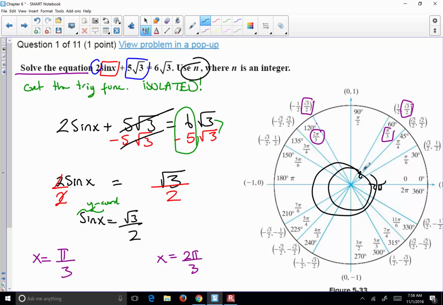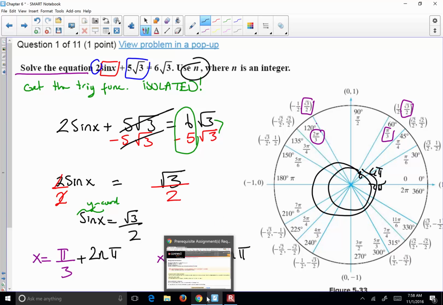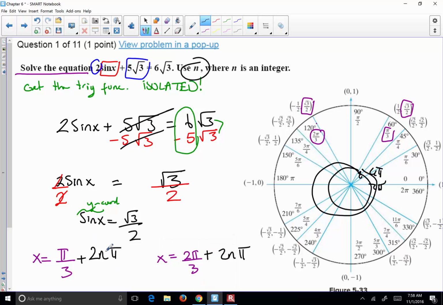And you continue and make another 4 pi, addition to 4 pi, pi over 3, you make another stop and you get the same value. So we need to start adding things to this. What are we adding? 2n pi. We add multiples of 2 pi to the angle and still end up with the same sine.